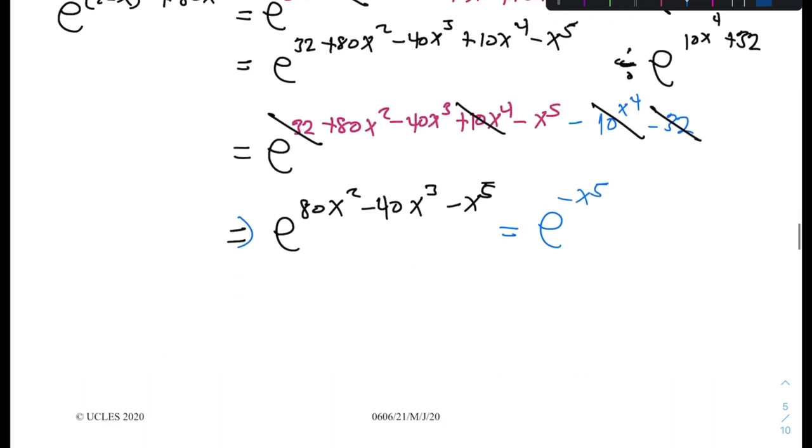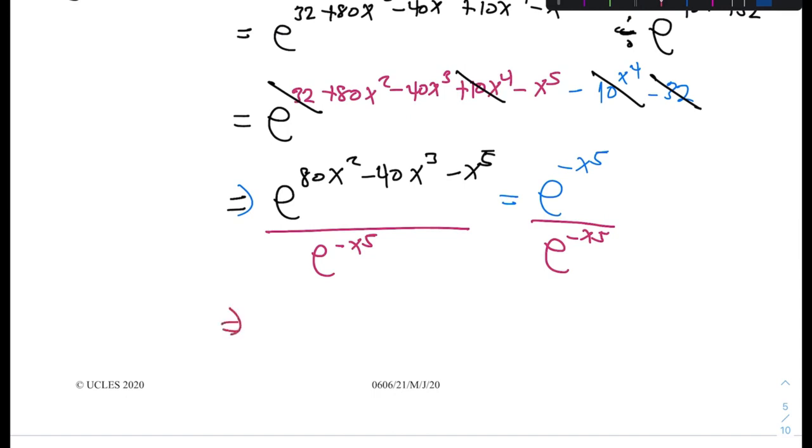Now one thing we can do is to divide both sides by this. That means that, listen, you have e to the power 80x squared minus 40x cubed minus this.